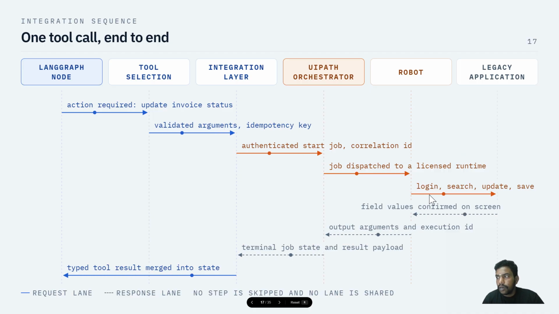The robot logs in, searches, updates, and saves. Then the result comes back the other way on its own. Field values are confirmed on screen, with output arguments and an execution ID.